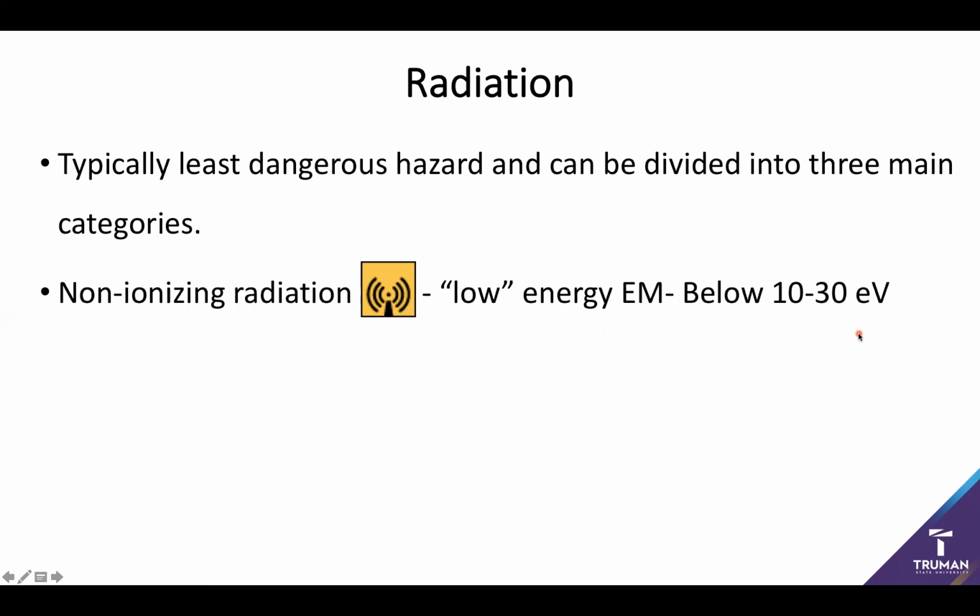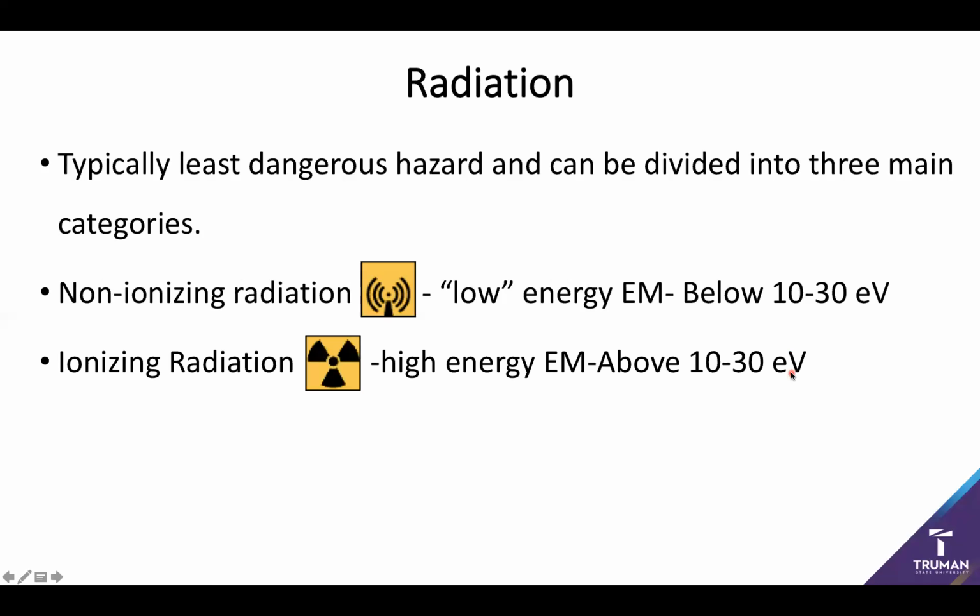We'll talk a little bit more about this later, but this essentially translates into any wavelength of light longer than about 300 nanometers. So this includes visible, IR, radio wave, and microwave.